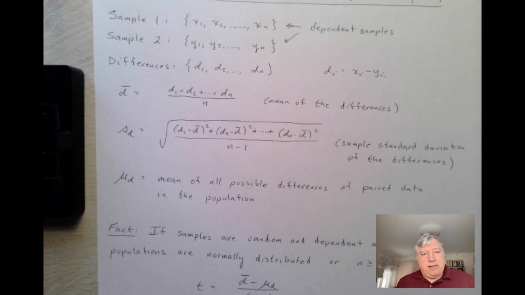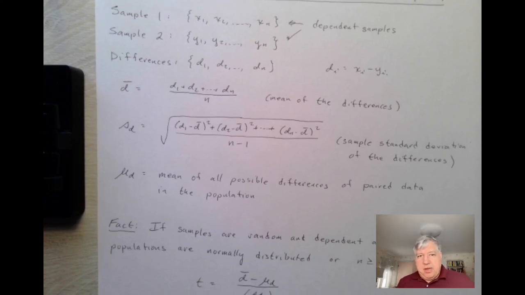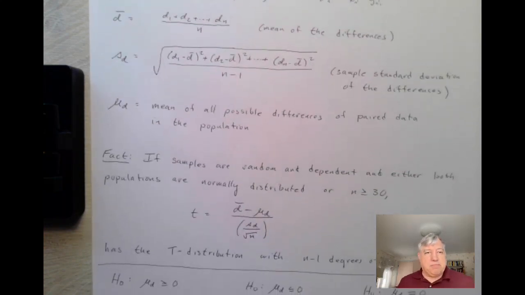But we'll need that. And then mu sub d is the parameter in this case, whereas the previous two were statistics. Mu sub d represents the mean of all possible differences of paired data in a population.